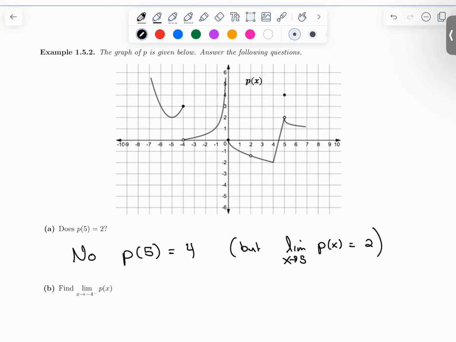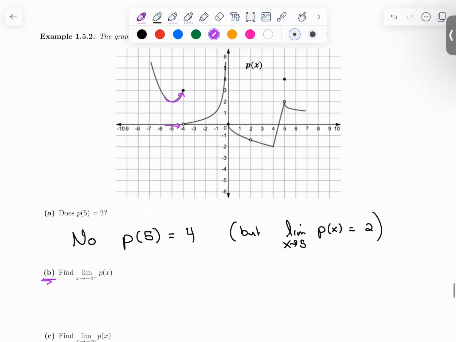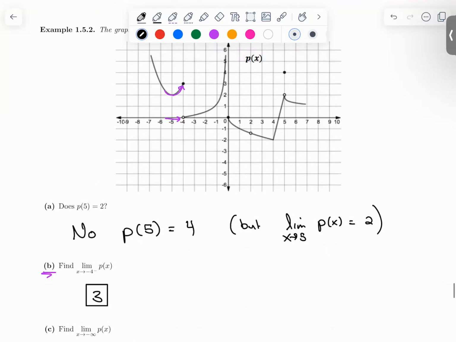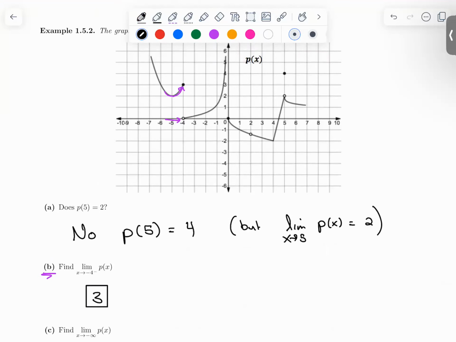But either way, the limit as x approaches -4 from the left, we approach 3. And yes, technically I didn't draw arrows, but Desmos doesn't have that feature yet.